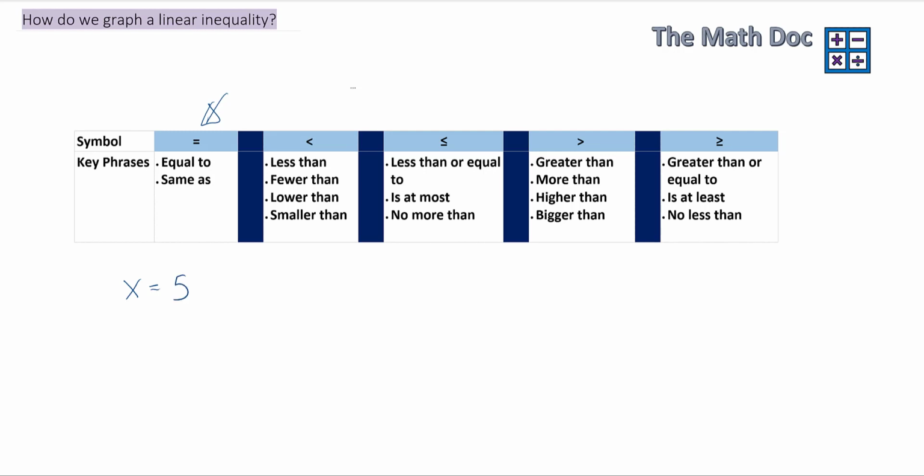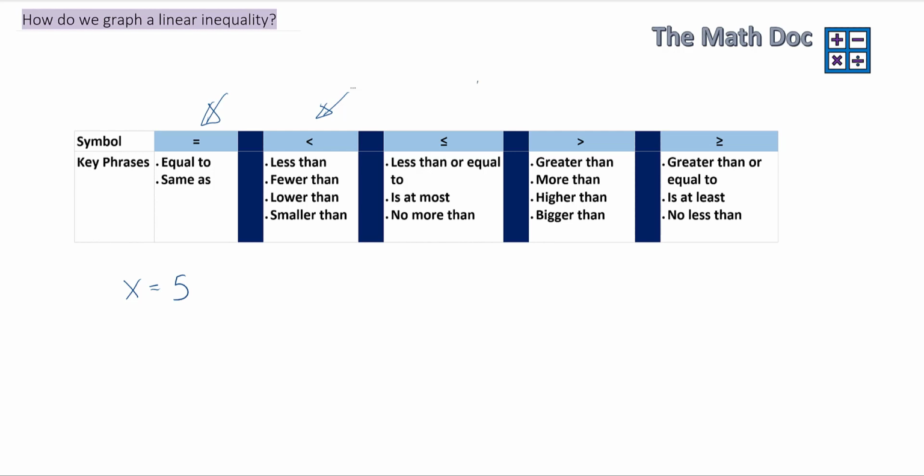We have the less than symbol right here, where sometimes we will see words that define this symbol as less than or fewer than. We may have lower than or even smaller than. So we have the different phrases that are used for the less than symbol.